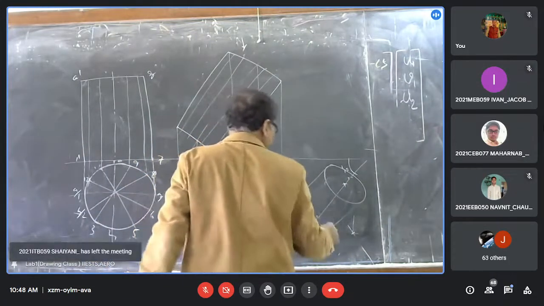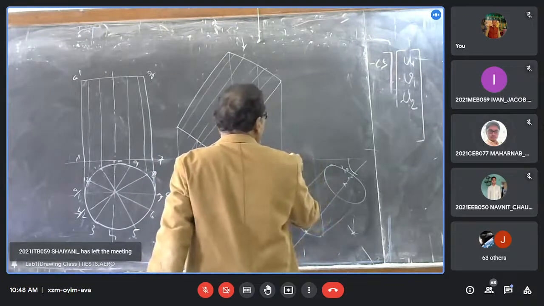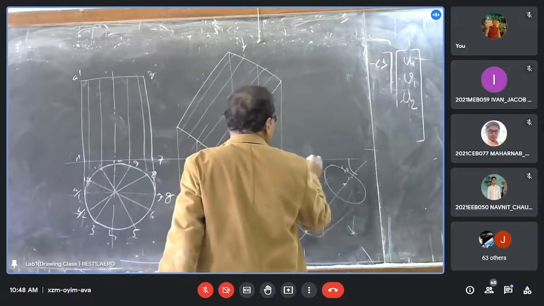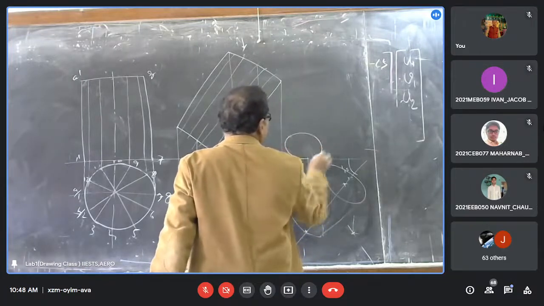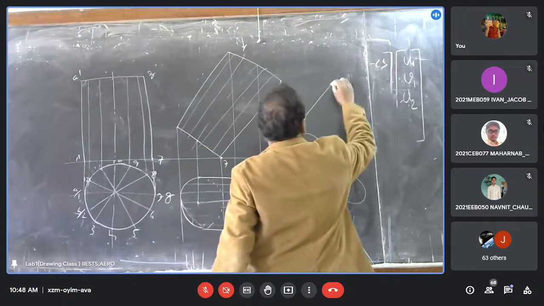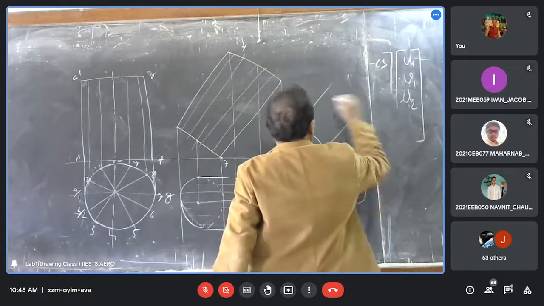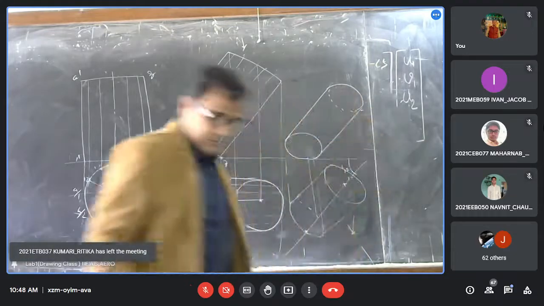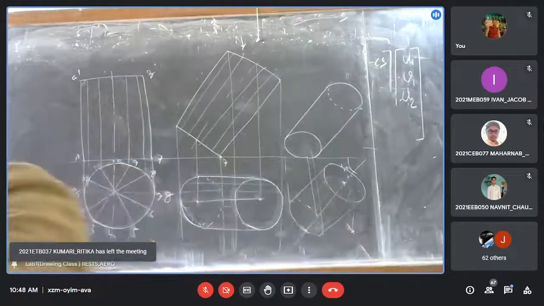So draw the projection, and this is the resting point. Then you find totally this one, and you cannot see that. Is it correct or not?